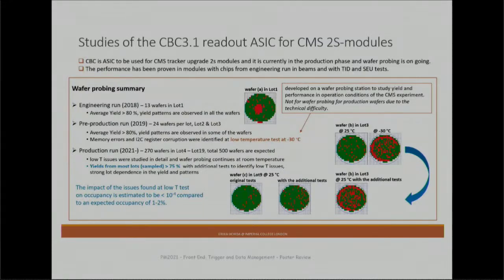And this ASIC was developed over many years, and the pre-production was done in 2019. And it turned out that these wafers, which had several chips on them, have problems. If you look here at these patterns, green are the good chips, red are the bad chips, and you see funny patterns that are circular. Here, many chips in the center are bad. Here, it's more on the outside.